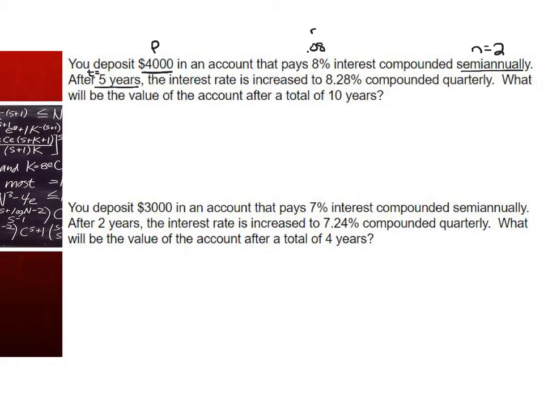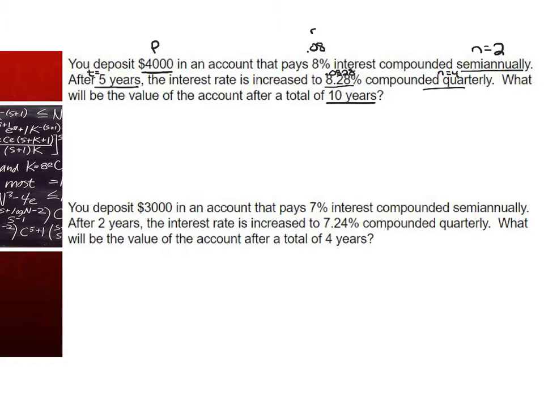Then it says the interest rate was increased to 8.28% compounded quarterly. So I now have a new R and a new N. It wants to know the total value of the account after a total of 10 years.